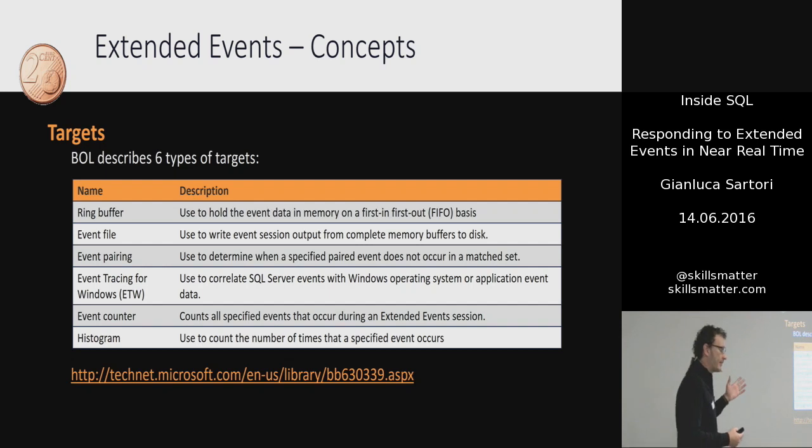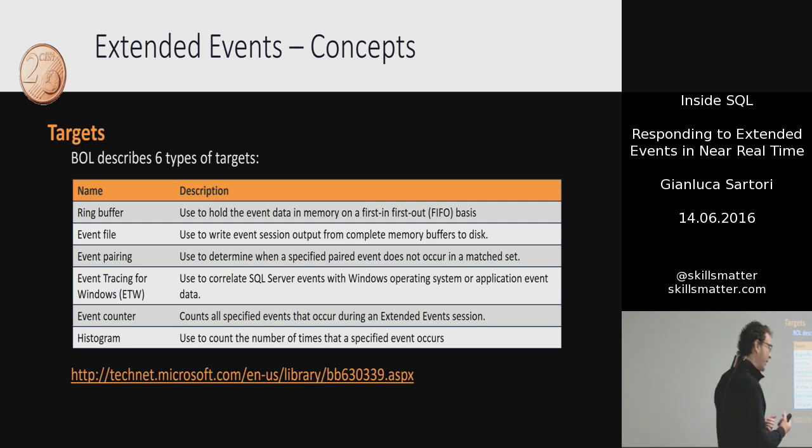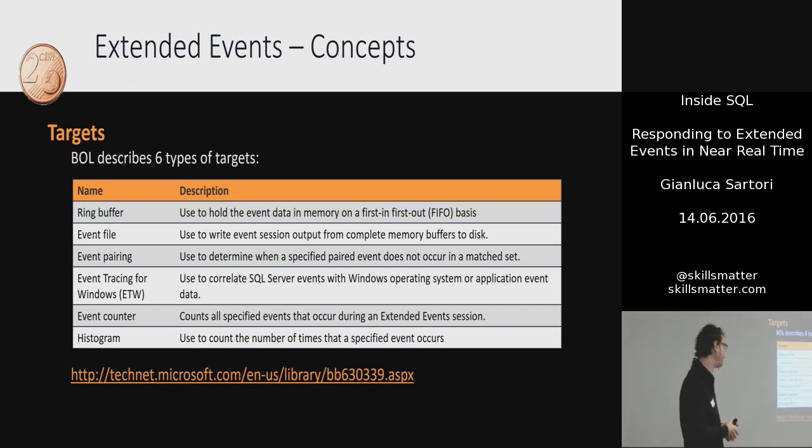Okay, so types of targets. We have different types of targets. The most popular ones are the first two, so the ring buffer target and the event file target. Ring buffer, basically, as the name suggests, is a circular structure in memory, and new events are put in the ring buffer, and when the buffer is full, older events are evicted from the buffer and new ones are put inside the buffer.